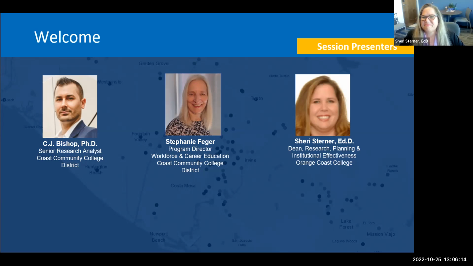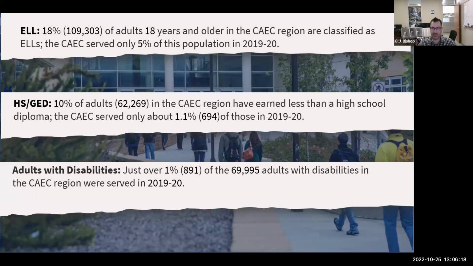I'm going to start with some framing as far as the region. This is some of the data that we pulled together for our 3-year plan. We're looking at some of the gaps for significant populations that we serve.